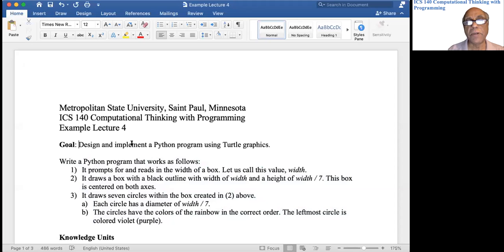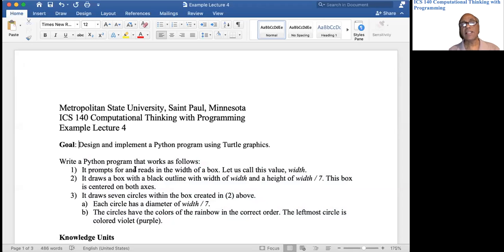Design and implement, I'm just reading here, a Python program using turtle graphics. What is the problem? Write a Python program that works as follows. So there are 3 things that the problem is divided into. It prompts for, it asks for, and reads the width of a box.